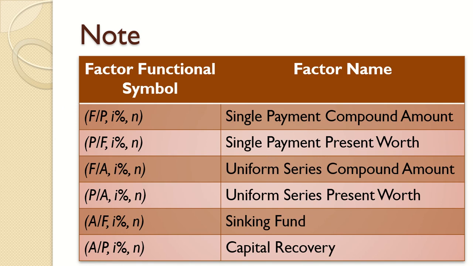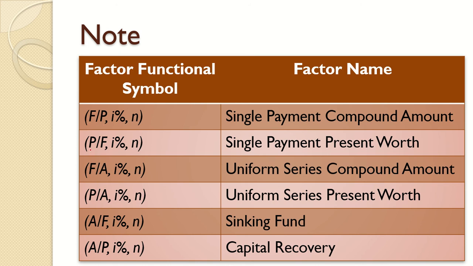Take note of these factors. Single payment compound amount factor, single payment present worth factor, uniform series compound amount factor, uniform series present worth factor, the sinking fund factor, and the capital recovery factor. Now kani, again, kung ang atong gipangita kay F, dayon ang given kay P, kanitong gamiton.